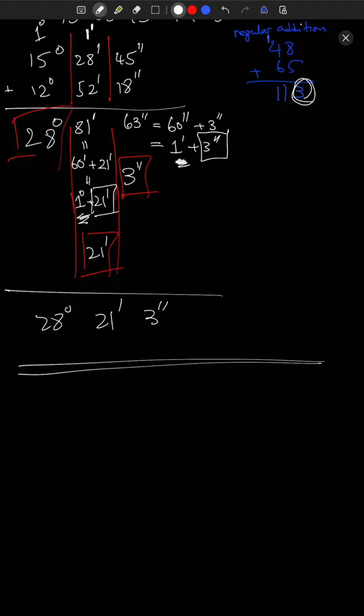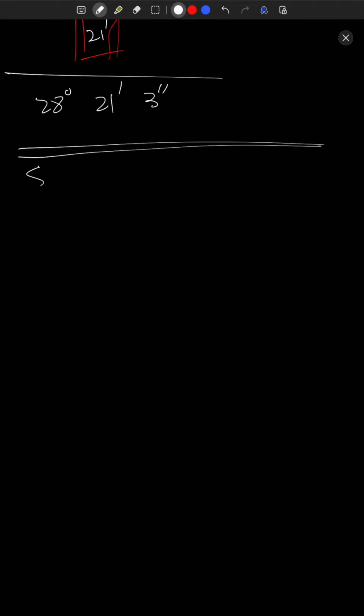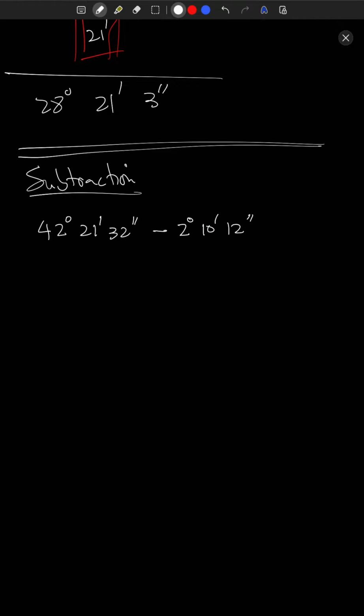Okay, subtraction. So let's say we want to subtract, right? So we've got, let's say, 42 degrees, 21 minutes, 32 seconds, minus 2 degrees, 10 minutes, 12 seconds, right?